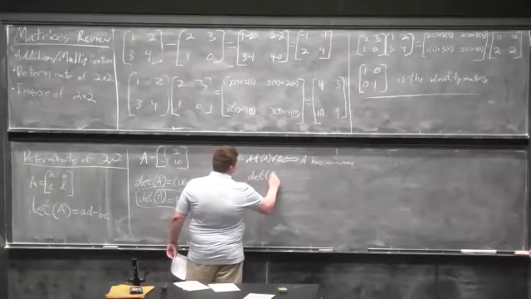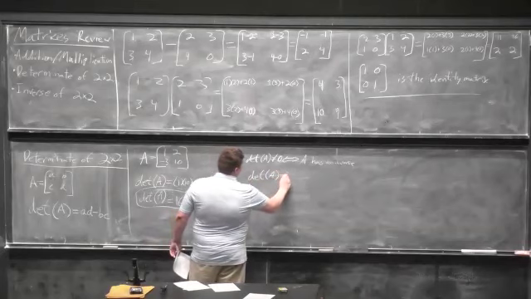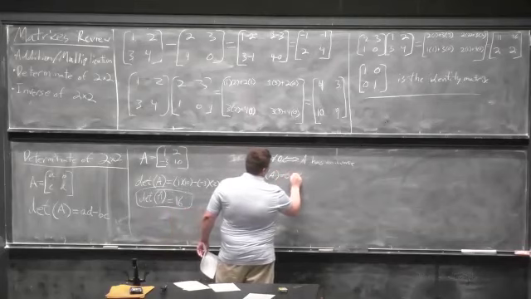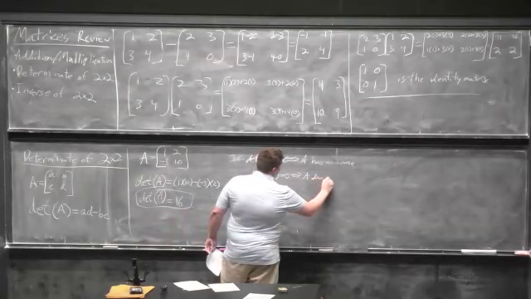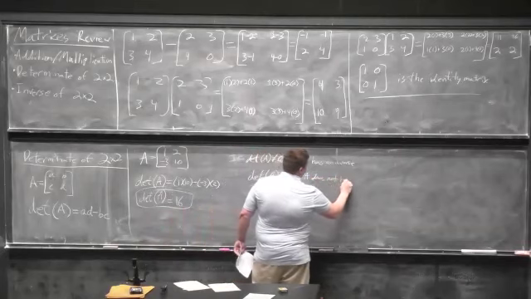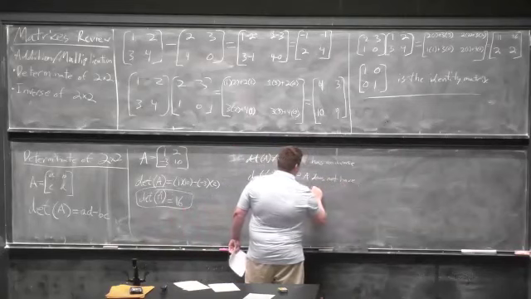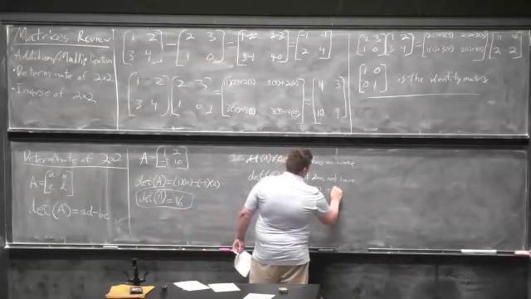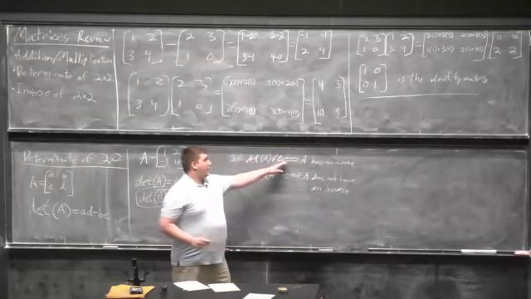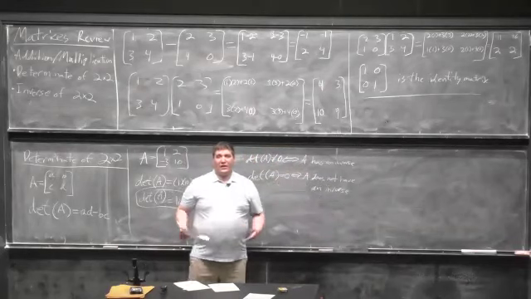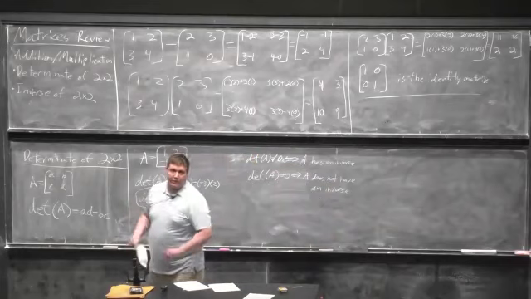In a similar fashion, the determinant of A is equal to 0 if and only if A does not have an inverse. And this arrow here is if and only if, meaning that it works both directions.